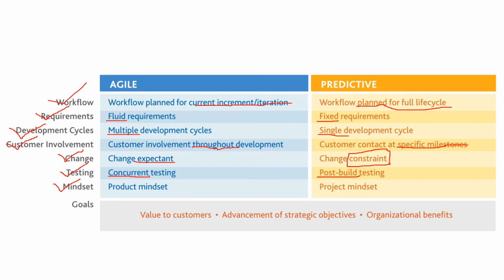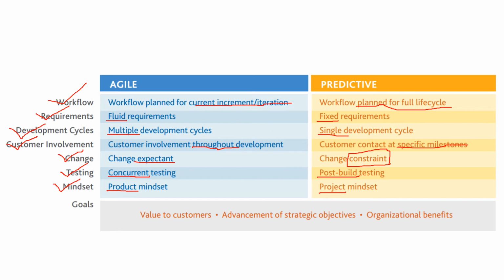What is the mindset in agile? The mindset is product. The end product is the mindset, right? So everyone is working towards the end product with the end product in mind, while in predictive, the mindset is project. We talk about the project, we are concentrated on completing the project. But it should be noted that it is not a 0-1 relationship. It is not a binary relationship here, right? I for one am a big supporter of the predictive model, but I do realize the importance of agile as well.